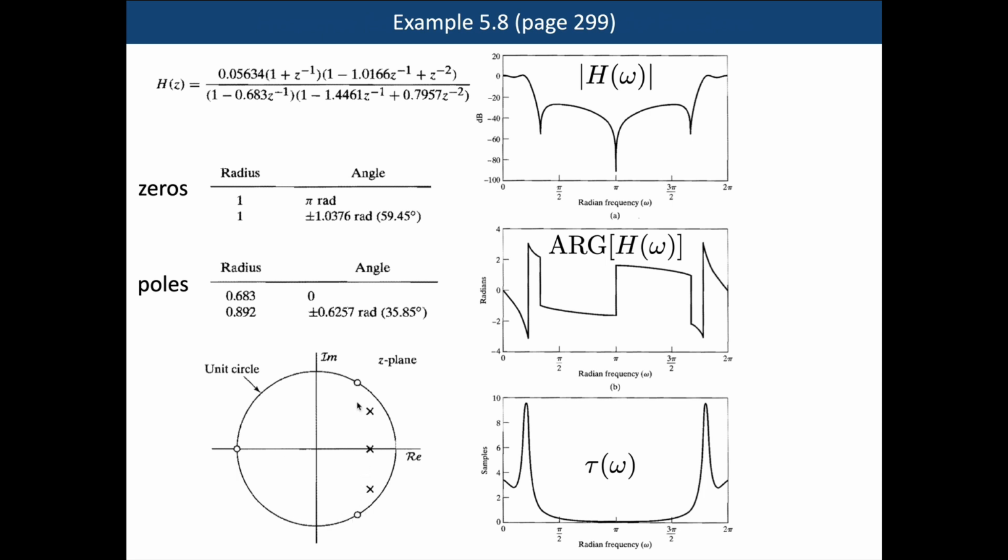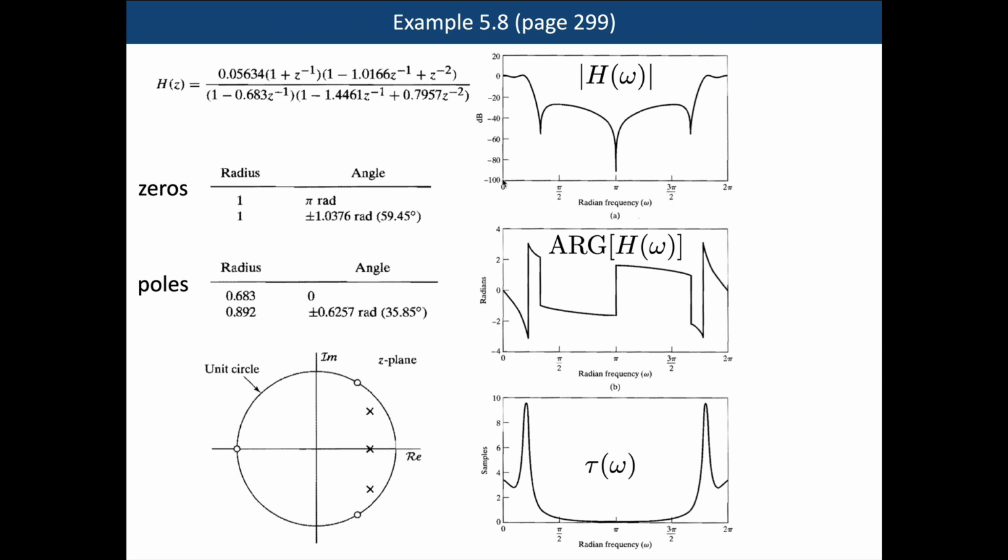We see we have 3 zeros and 3 poles. So these zeros are pulling the response down at the frequencies corresponding to these angles in the complex plane. But the poles are pushing up the response at the corresponding angles.